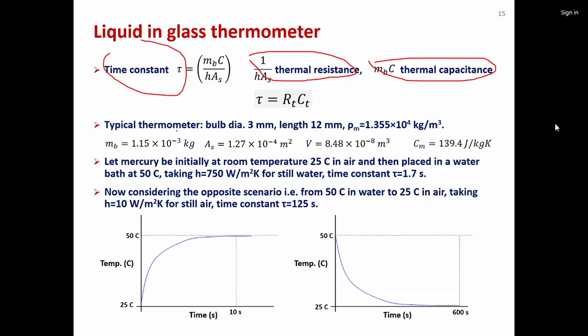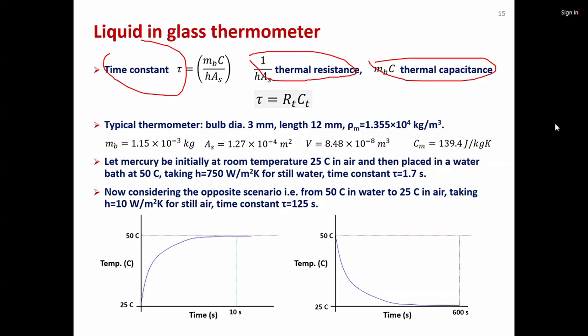So for a typical thermometer, the bulb will have a diameter of about 3 millimeter, let's say 3 millimeter. Length will be about a centimeter, let's say 12 millimeter. And the density of mercury is 1.355 times 10^4 kg per meter cube.